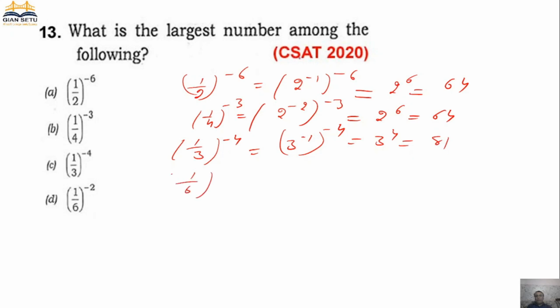Again 1 upon 6 raised to power minus 2 will be 6 raised to power minus 1, raised to power minus 2. Okay, it will be 6 raised to power 2, it will be 36. So 1 upon 3 raised to power minus 4 is the largest number here. So answer is C here.